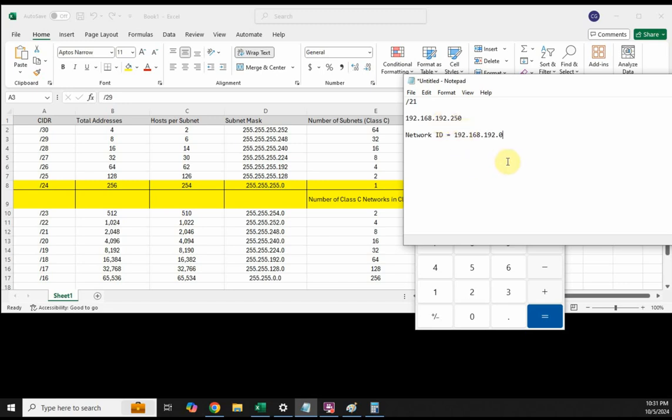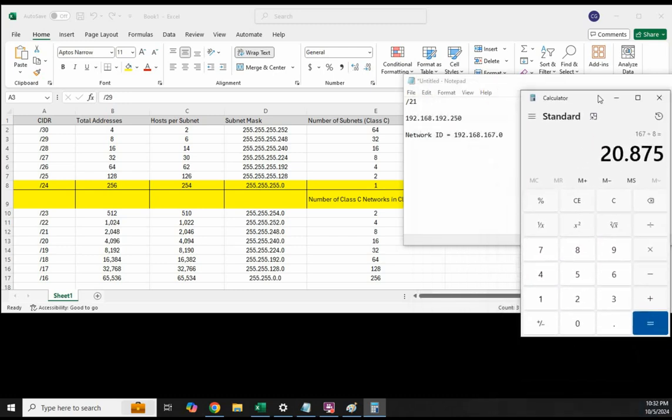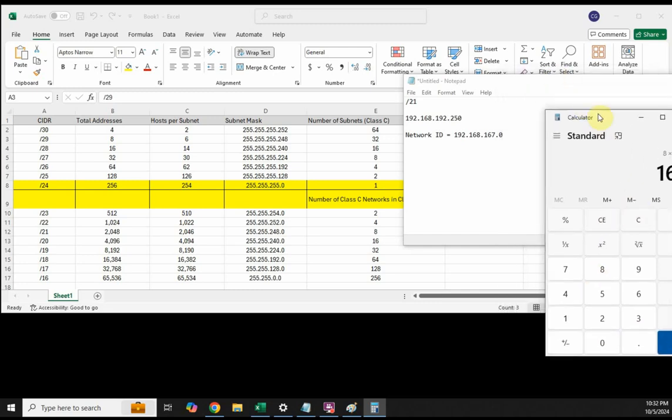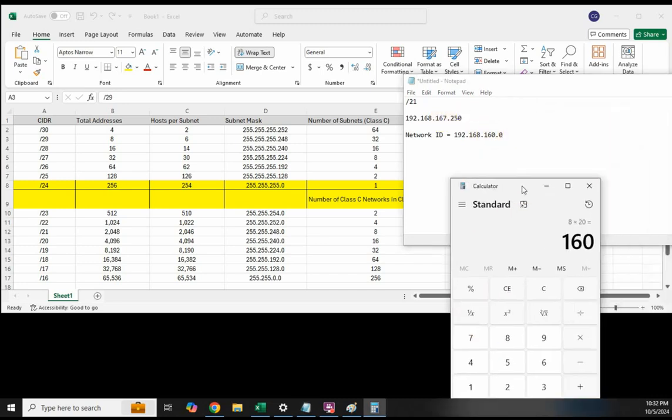If we change this to, let's say, 167, 167 divided by 8 is 20.8, so we'll clear that. 8 times 20 is going to give us 160. So the network address on this would be, oops, this should have been 167 up here. So the network ID on this is going to be 160. It's just that easy.